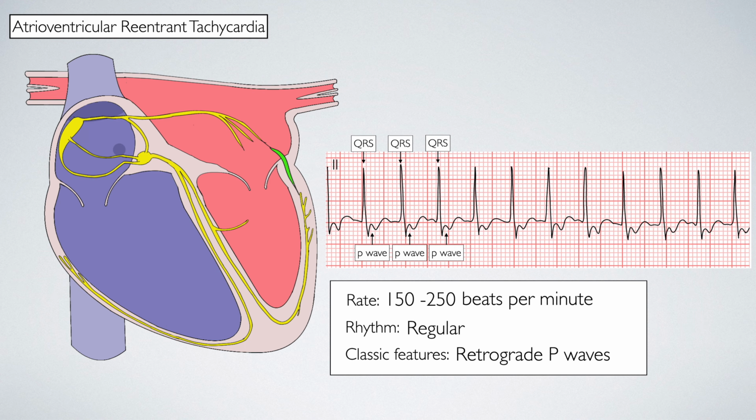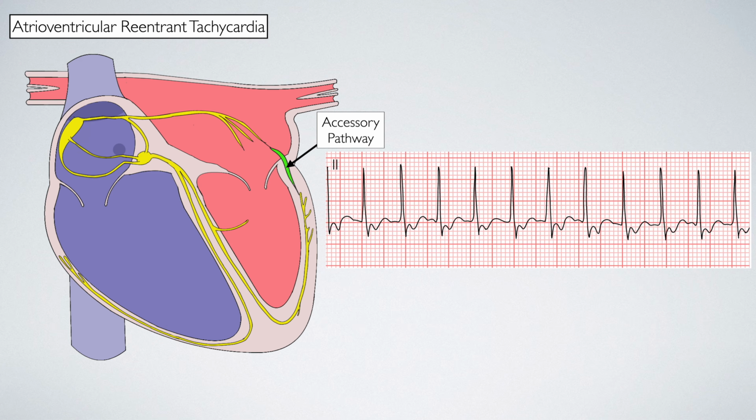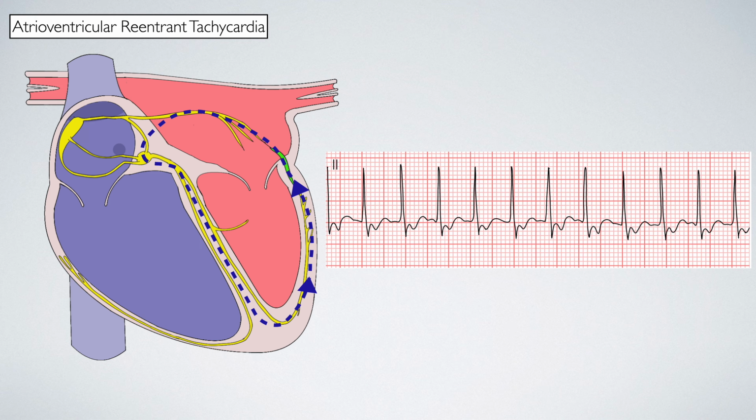In the previous episode, we talked about Wolff-Parkinson-White syndrome, which is a condition where an accessory pathway connects the atria and ventricles. This abnormal connection forms a macro re-entry loop that allows impulses to cycle continuously through the atria and ventricles via the AV node.